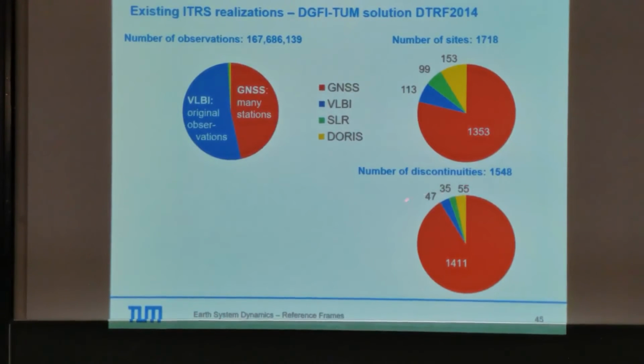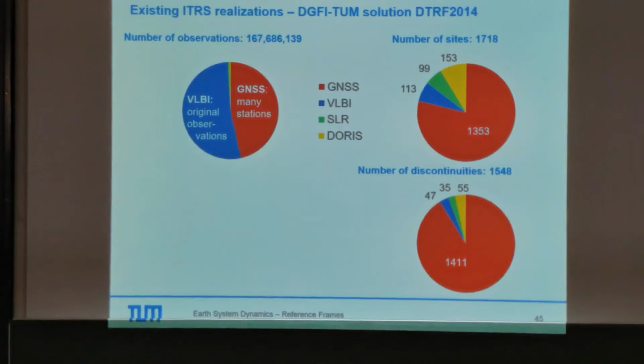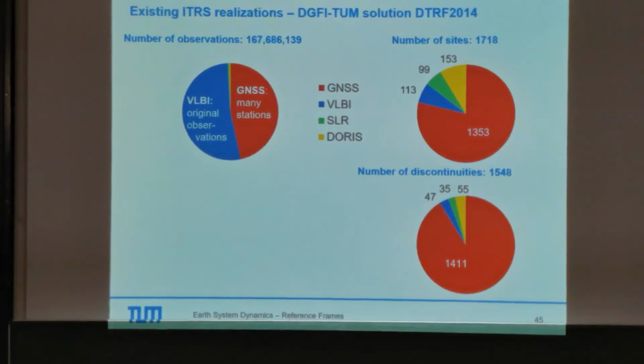And also for the others, you have roughly about 50 discontinuities. And now you can imagine what a really expensive analysis this is in order to go through all the time series and identify these 1,500 discontinuities.